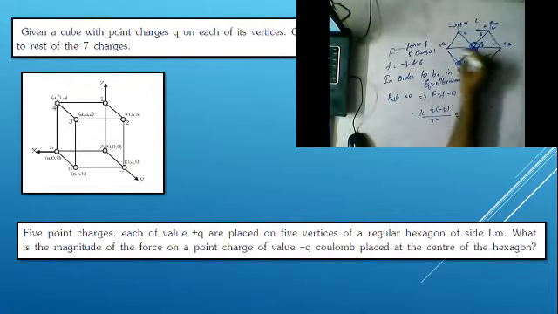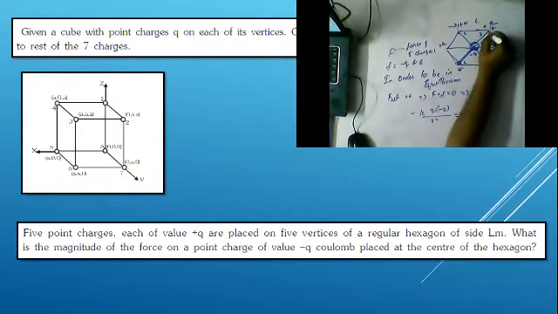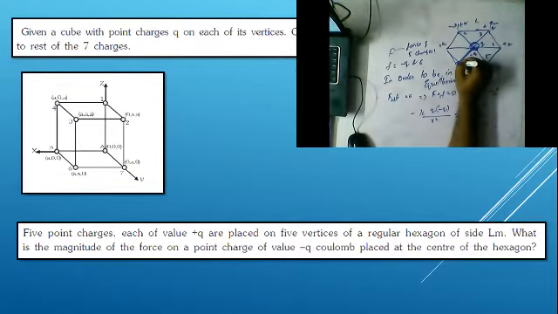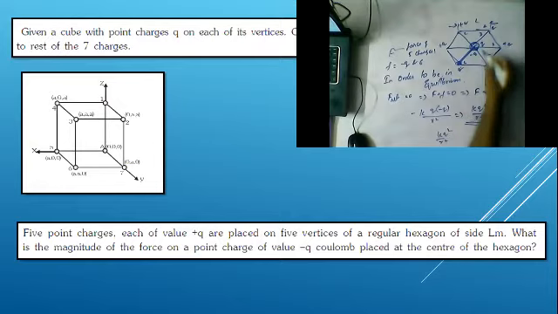Here this one is in equilibrium with this one, and this one is in equilibrium with this one. Now this one is in equilibrium with this one. So in order to counterbalance this, it requires a force. How much force does it require? That is kq square by r square. How much force it is experiencing here, the same force it should experience here. Then only it will be balanced.